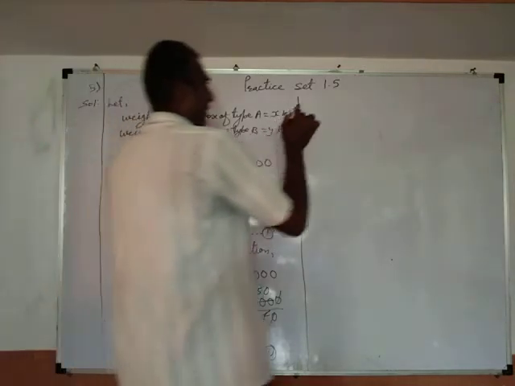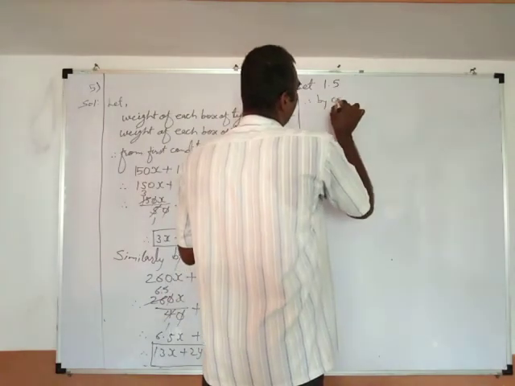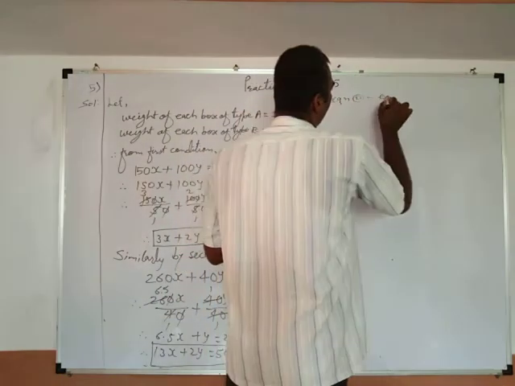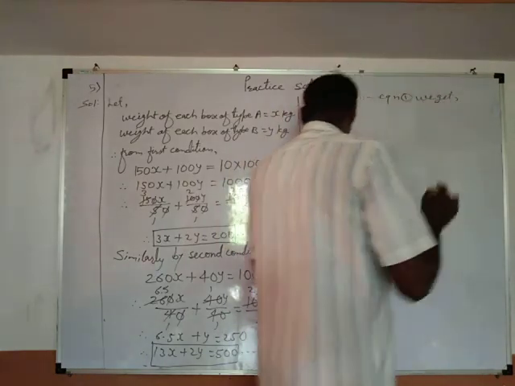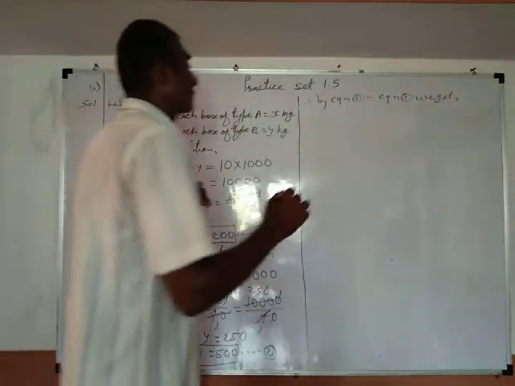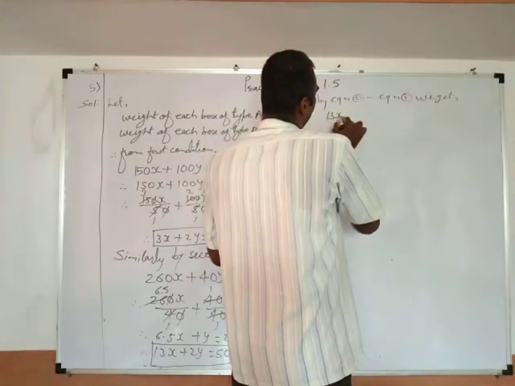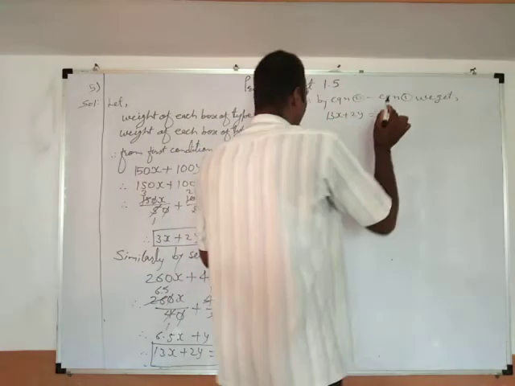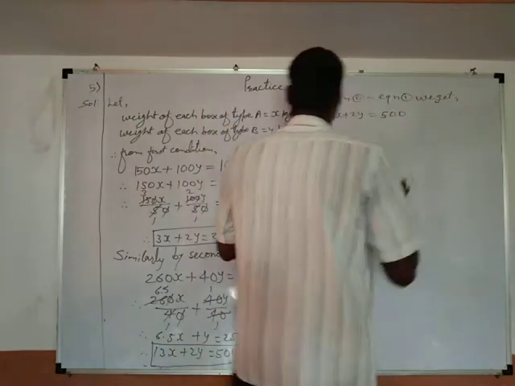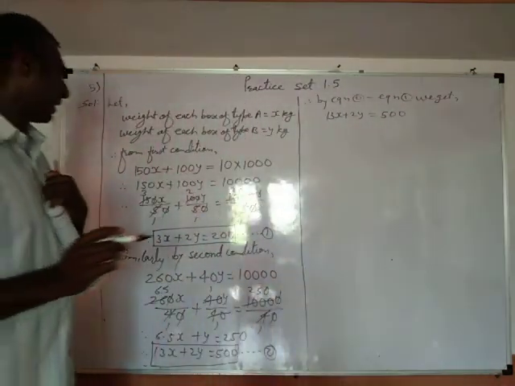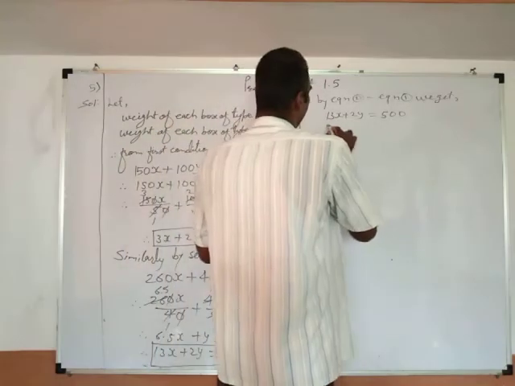Okay, and therefore by equation 2 minus equation 1 we get, equation 2 is 13x plus 2y equals 500, and equation 1 is 3x plus 2y equals 200.